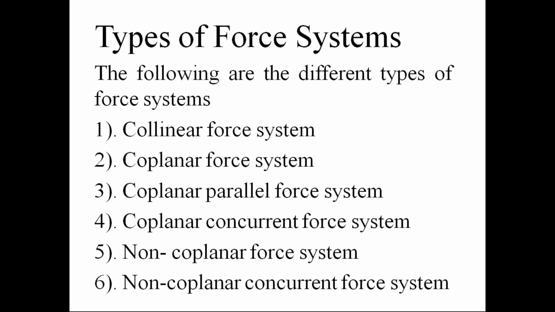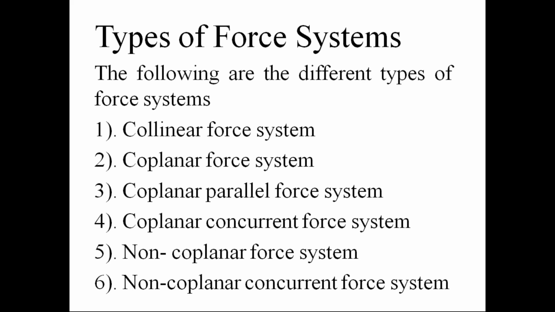Definitely in the mid examinations you will get the questions. Discuss or describe the types of force systems. So please listen to this carefully. And whenever I say it is important, try to note that down, because you will get it in the mid examinations. Please score good marks in the mid examinations and also in the assignments.